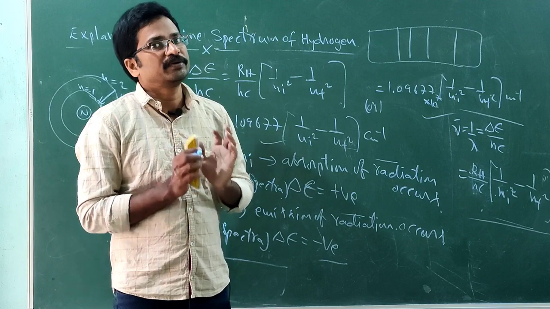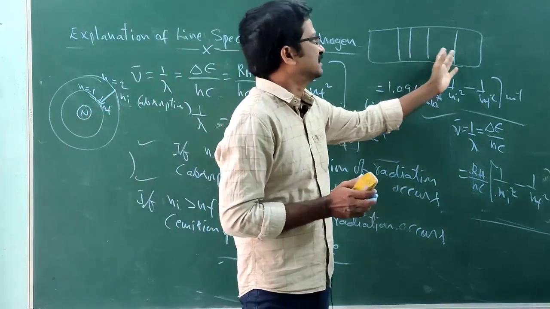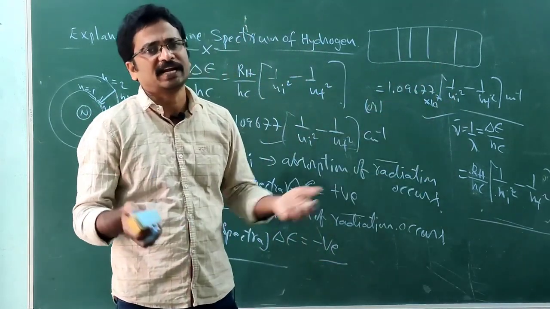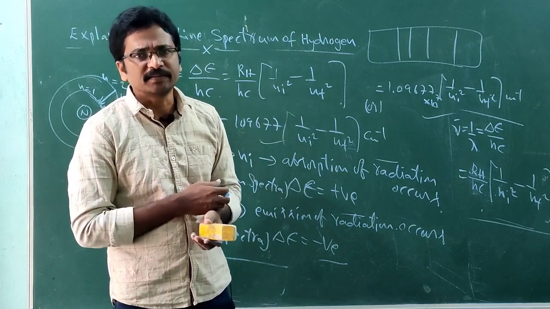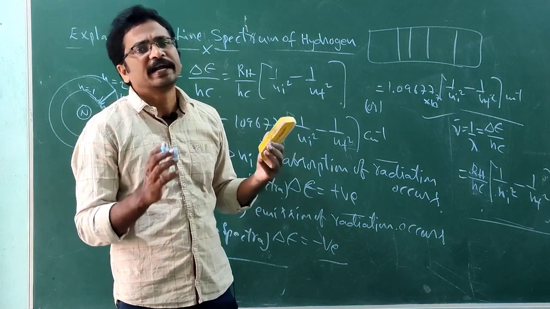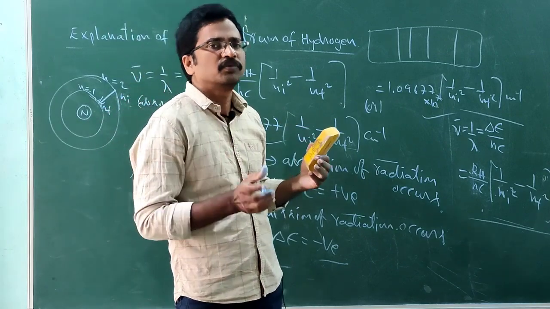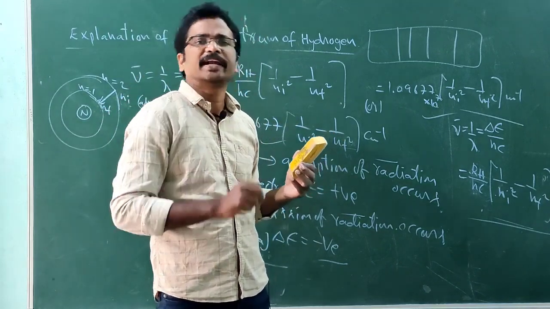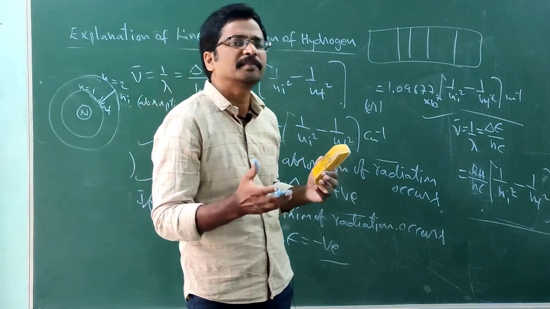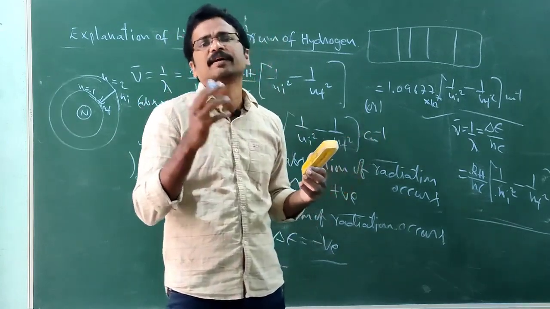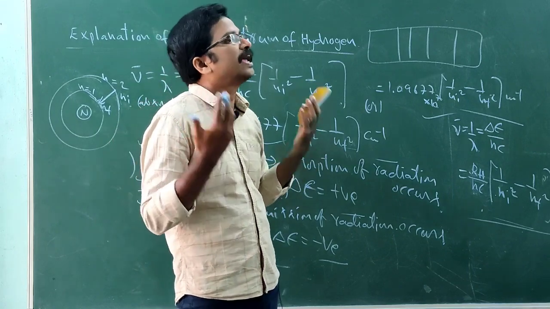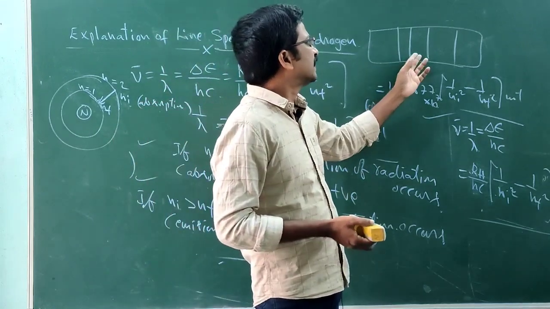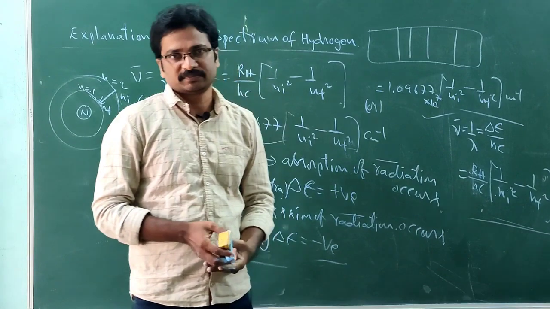That is the reason why you can get different lines, because our sample contains many different hydrogen atoms. One particular atom absorbs limited energy, another absorbs a greater amount, another a different energy. Based on their absorption, you get different lines in the spectrum.